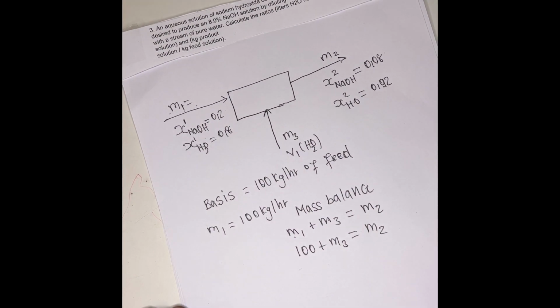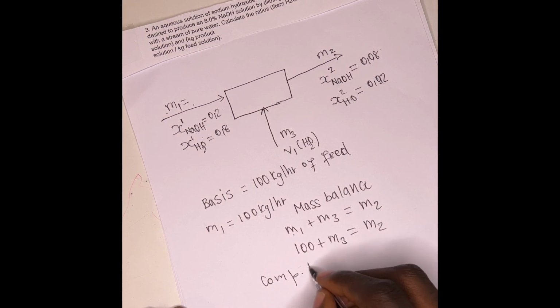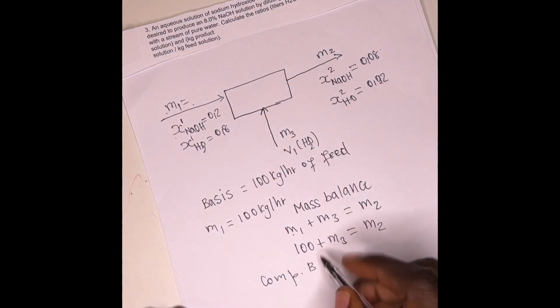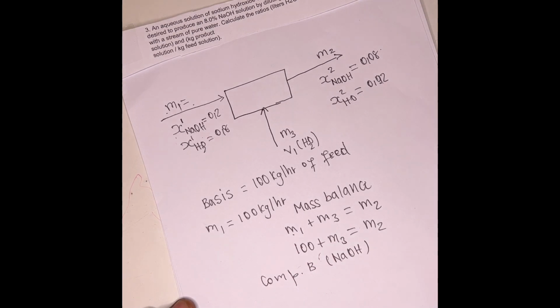As we said, when you have this, you have to do the component balance, either for water or for sodium hydroxide. I'm going to use sodium hydroxide. So we do the component balance of sodium hydroxide.